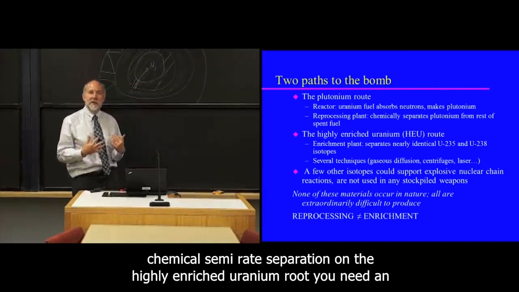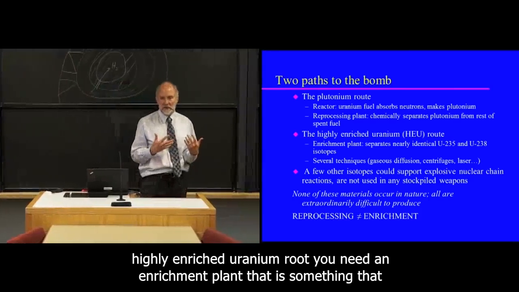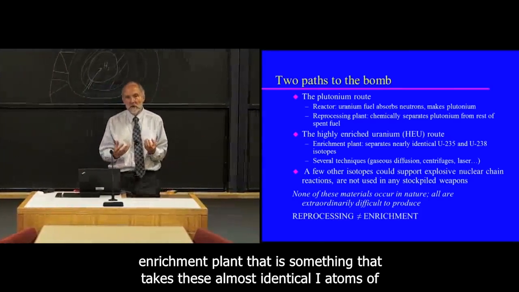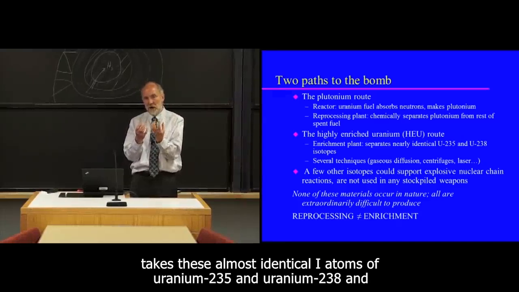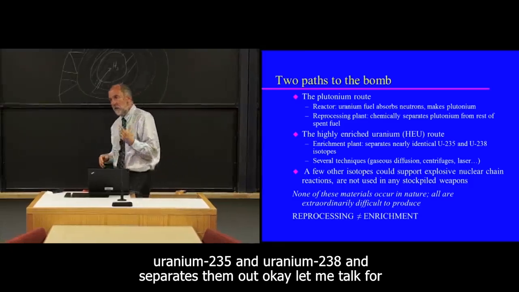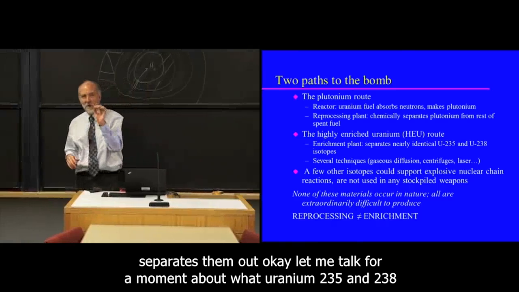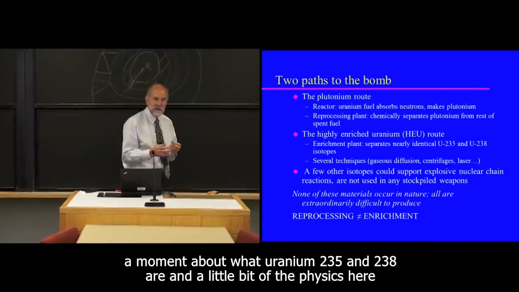On the highly enriched uranium route, you need an enrichment plant. That is something that takes these almost identical atoms of uranium-235 and uranium-238 and separates them out. Let me talk for a moment about what uranium-235 and 238 are and a little bit of the physics here.